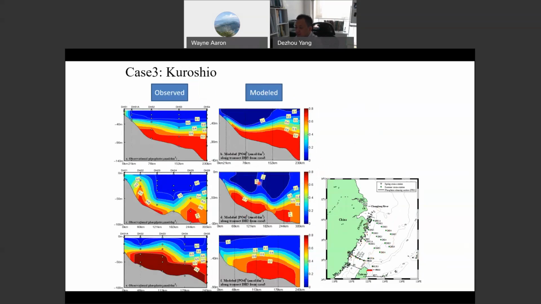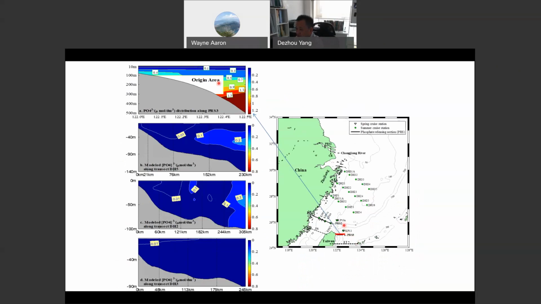So if only the phosphate is released along this transect 3 months later, the modeled distribution of phosphate is similar to the observations. So the phosphate mainly came from the Kuroshio subsurface water, mainly from this area.